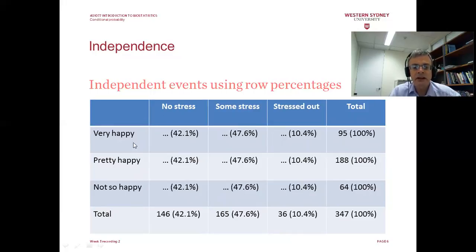It doesn't matter which happiness group you're in, you still have the same probability of being stressed out. And that probability of being stressed out is the overall total percentage for that category.